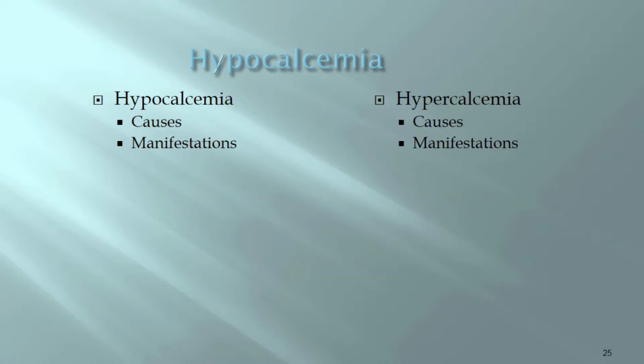When calcium concentration drops to less than 8.5, hypocalcemia occurs, and there are several causes for that, like a deficit in the calcium, or maybe inadequate absorption in the gut, and ionized calcium will be deposited, on the other hand, into the bone or soft tissue.